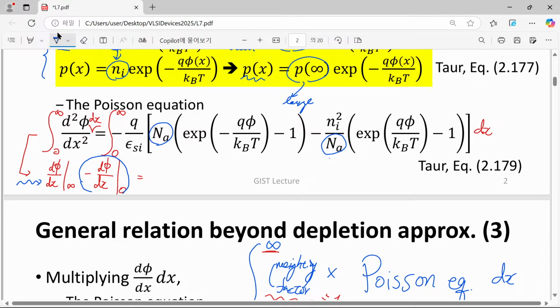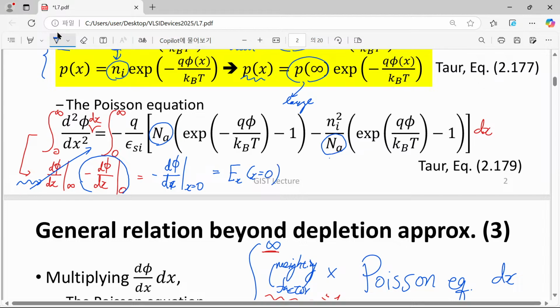So we can safely say this is gone. So we will just have minus d phi over dx evaluated at x equal to 0, and this is nothing but the electric field evaluated at x equal to 0.